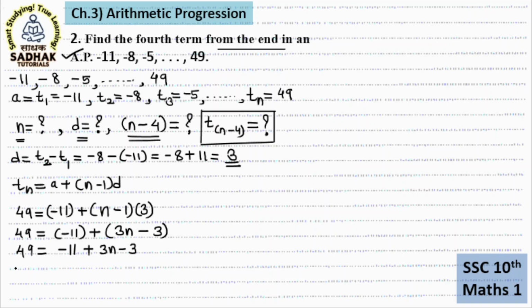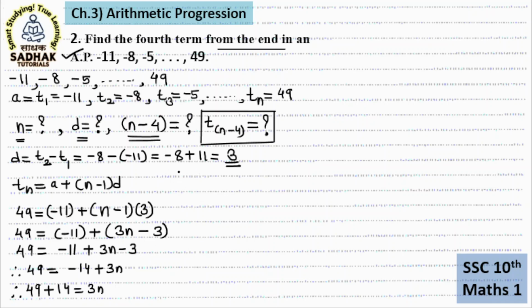Therefore 49 is equal to minus 11 minus 3, which is minus 14, plus 3n. If we take this minus 14 to the left hand side, it becomes addition. So 49 plus 14 is equal to 3n.